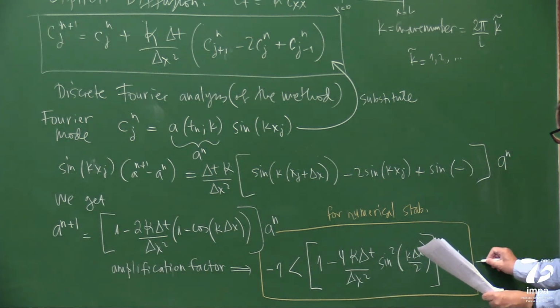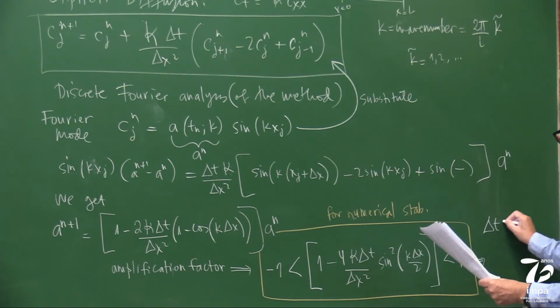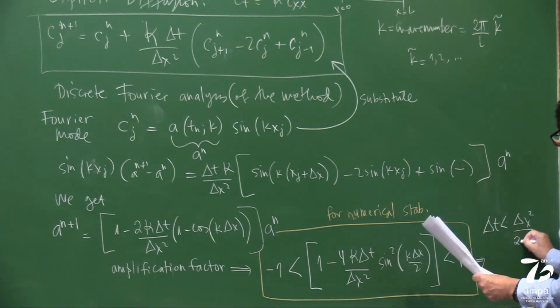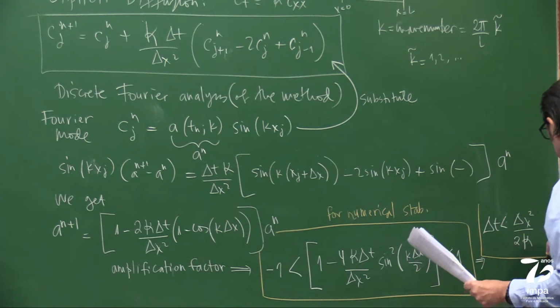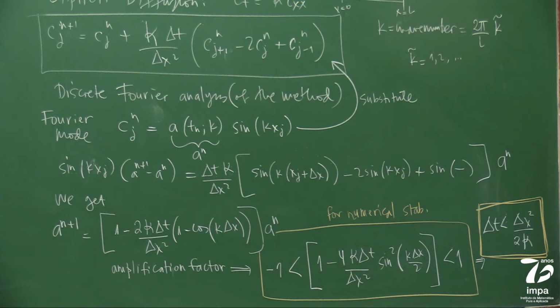And from here we get this. Okay, so if we have that delta t is smaller than delta x squared over 2 kappa, this is satisfied.